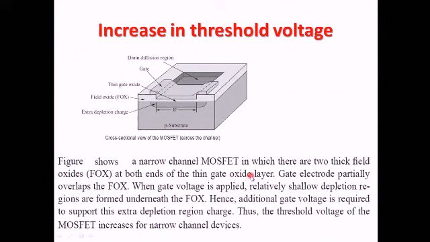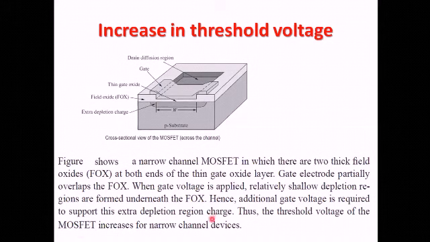Now the gate electrode partially overlaps the FOX. When the gate voltage is applied, relatively shallow depletion regions are formed underneath the FOX. You can see extra depletion charges are formed here, and there is a depletion region here. Thus, the threshold voltage of the MOSFET increases for narrow channel devices. So I hope this is clear to you.